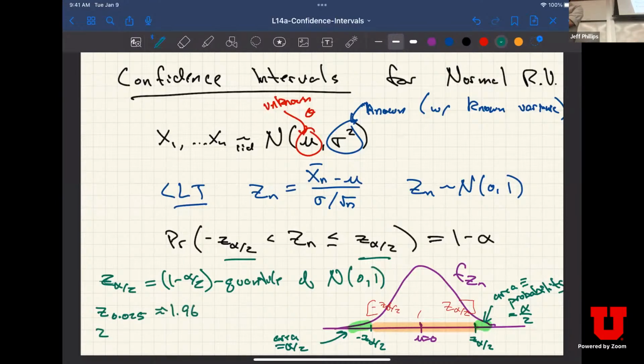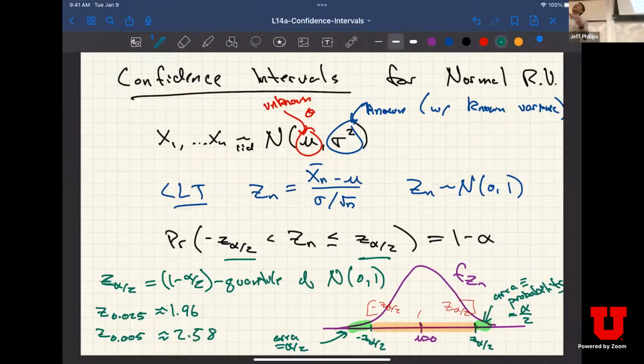And for 0.005, that's if alpha equals 1%, another common value, this is approximately 2.58. So these are just values to know. If alpha equals 5%, then Z alpha over 2 is about 1.96. If alpha is 1%, then Z alpha over 2 is 2.58.